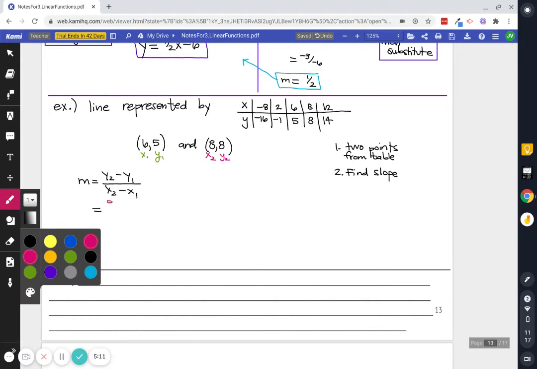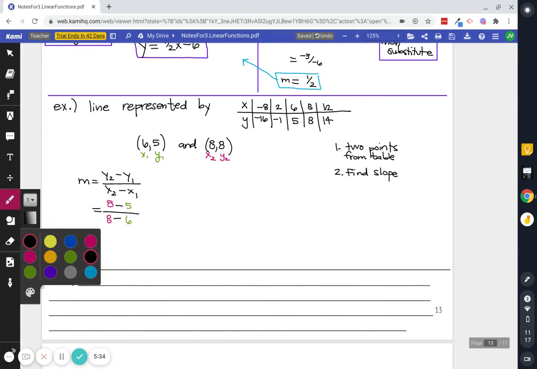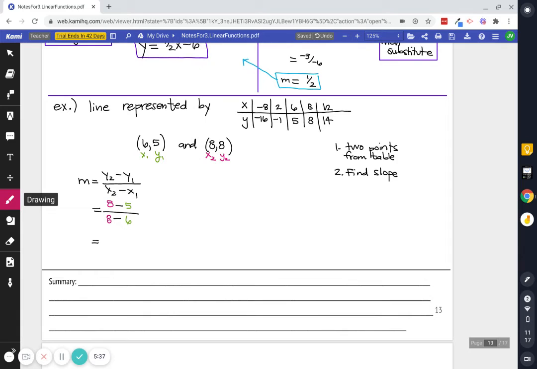y2 is 8 minus y1 is 5 over x2 is 8 again minus x1 is 6. So it's 3 over 2.